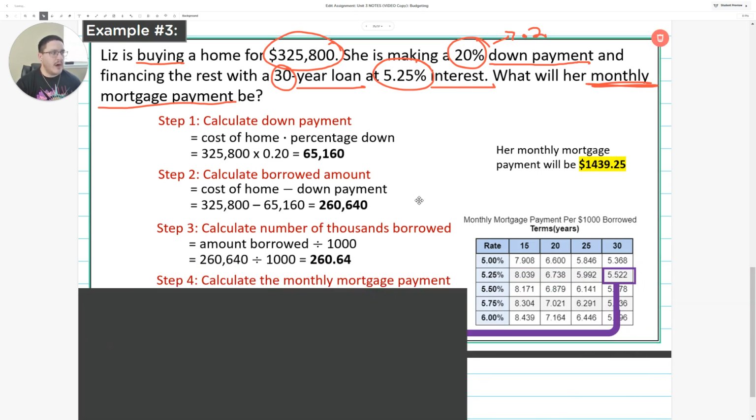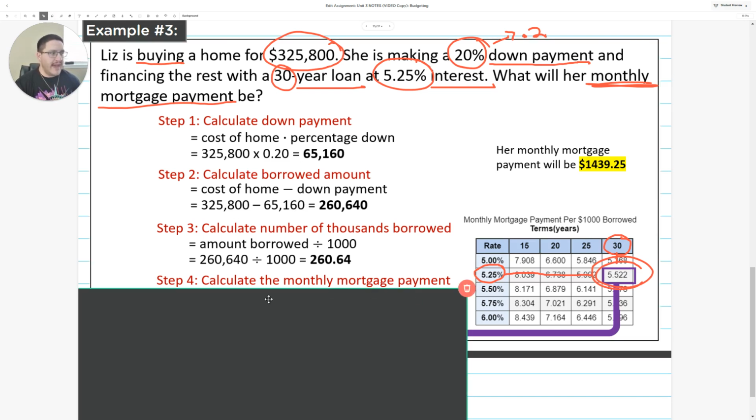Then step 4, calculate the monthly mortgage payment. We're going to use the table off to the right, and we're going to use the fact that this is a 30-year loan at 5.25% interest, which means 5.522 is the payment we're going to make per 1,000 borrowed.